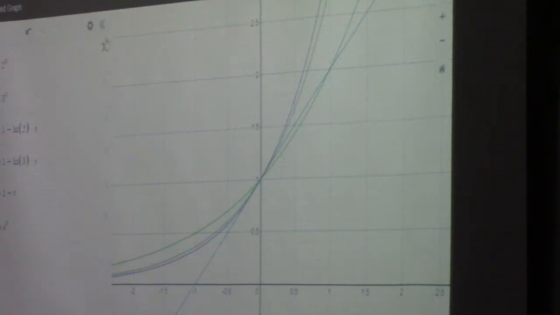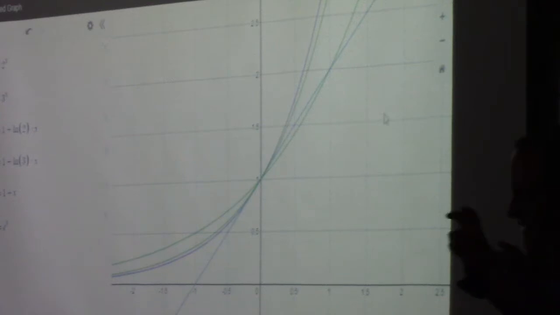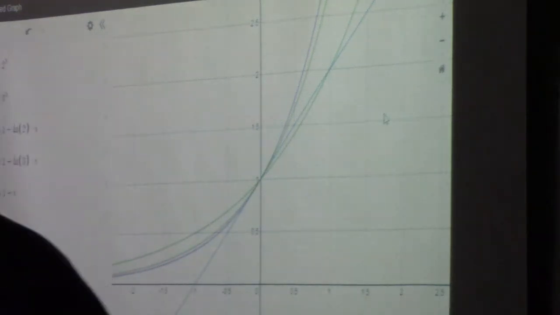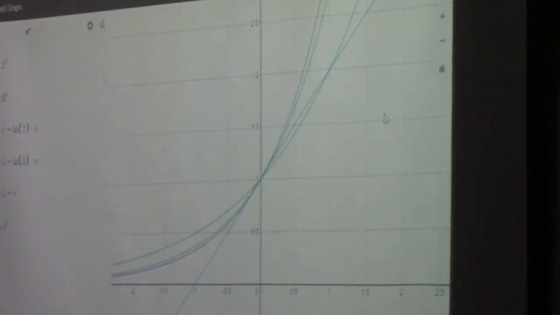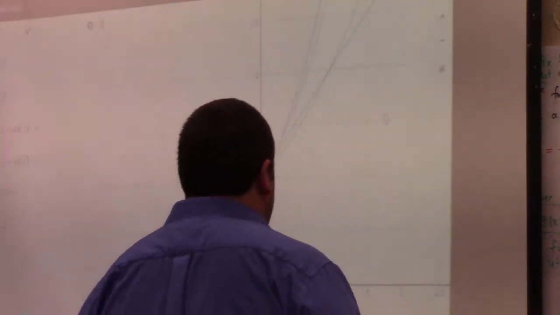But anyway, I give this as just a quick explanation for what this number e is. Your textbook gives a rather different explanation, and probably the textbook's explanation is better for this class. I'm just telling you about how I think about it, typically in the calculus class.